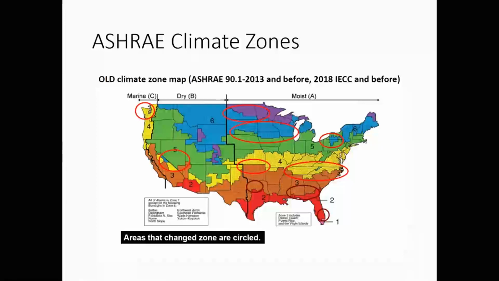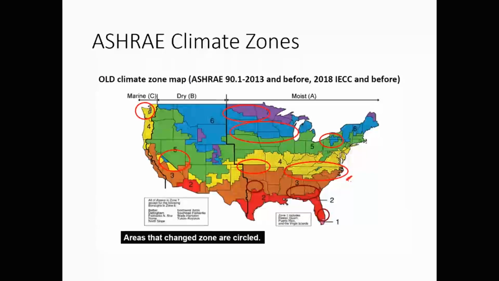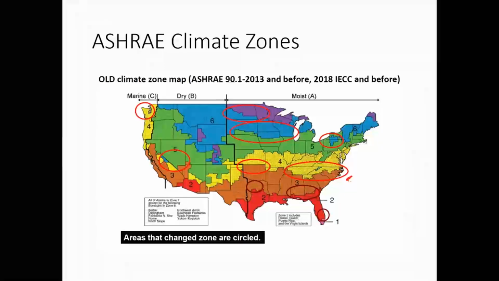So you see we've got some big changes happening here in North Carolina in particular. The new map will not be recognized by the International Code Council, the ICC, until 2021. And remember, the ICC creates the model building code. The states sort of take their direction on their codes based off of the model building code.